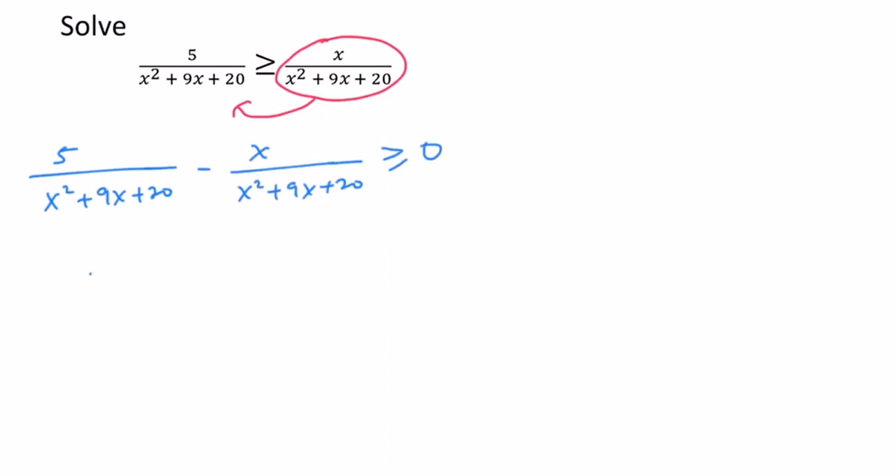Here, subtraction, we need common denominator, which we already have. It is x squared plus 9x plus 20. So the numerator is 5 minus x, and this is greater than or equal to 0.